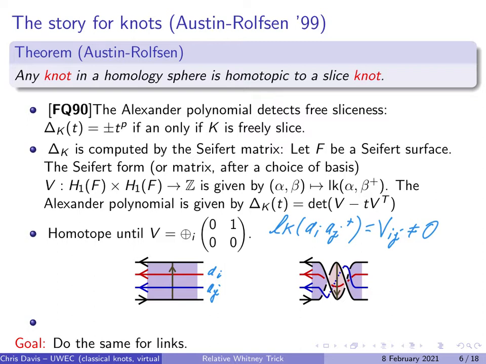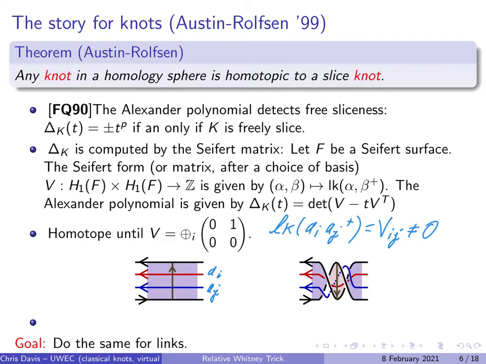So here's the game. Find a little arc, that's the little green piece that intersects both of those curves transversely in a single point. Take a little neighborhood of that arc. Well, that is a small 3-ball inside of Y that intersects the Seifert surface in that little blue rectangle you see right there to the left.